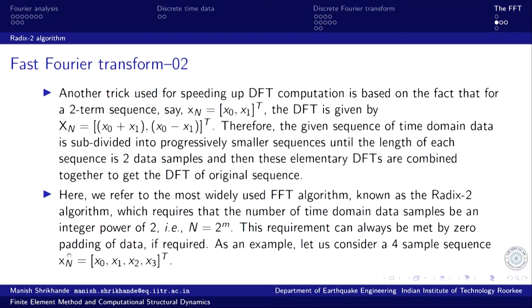So, as an example, as I said, we consider a 4 sample sequence. That is, x n is given by x 0, x 1, x 2, x 3.